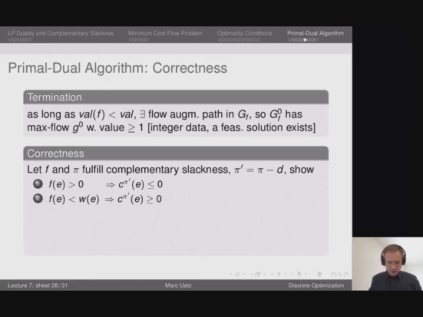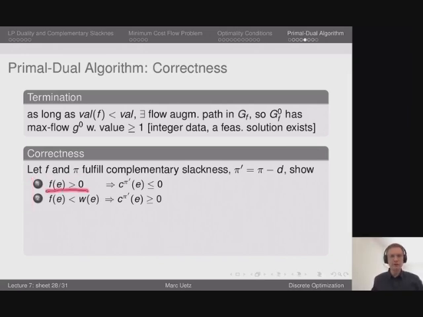What I'm going to show is that with this flow and the new node potentials, I still fulfill the complementary slackness conditions, for the current flow value but now with the new node potentials pi prime. And this I show by showing these two statements here.